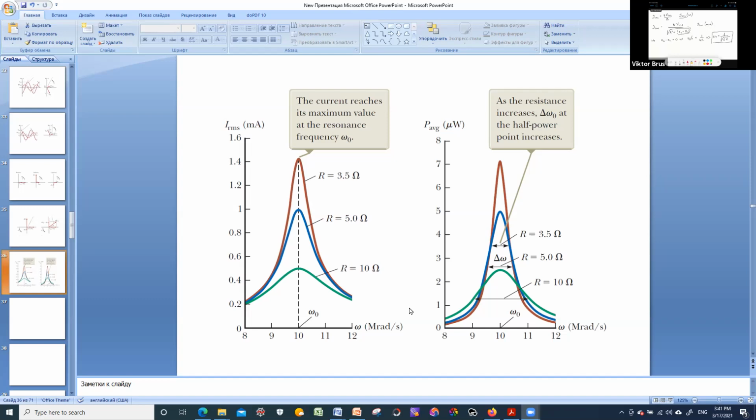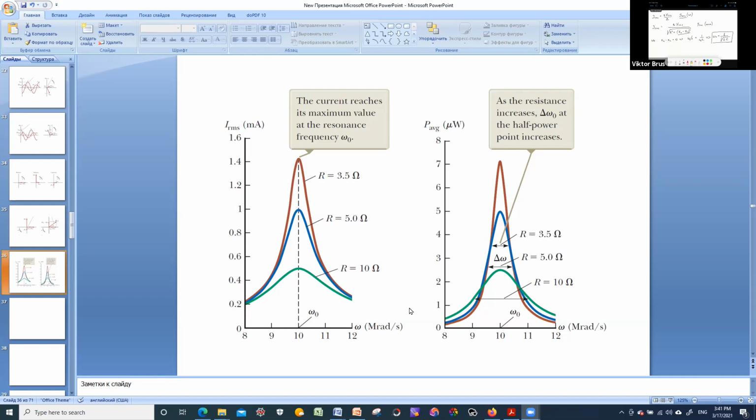This is very important because such resonant effect is widely used in different AC electric circuits, in radio receivers for tuning, but we don't want to have some unlimited increase in current at this resonance frequency.